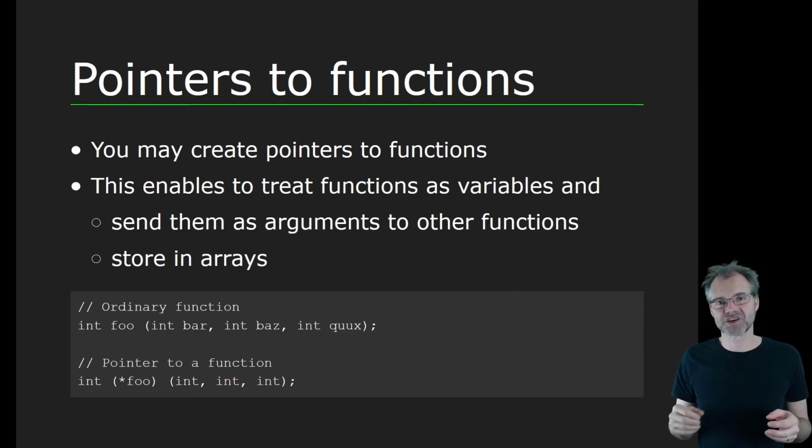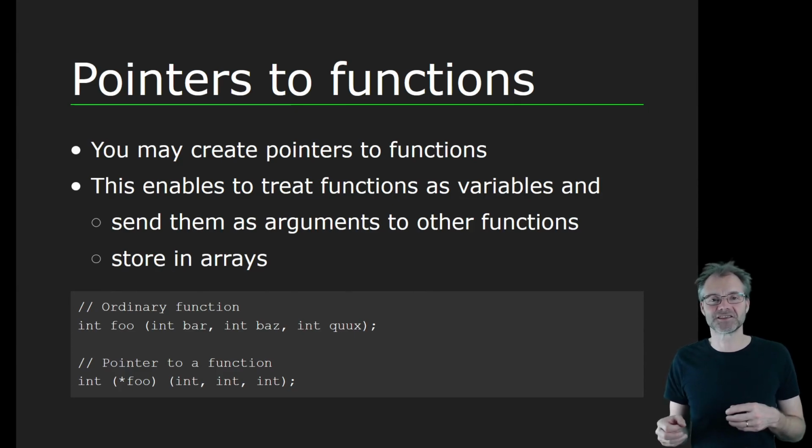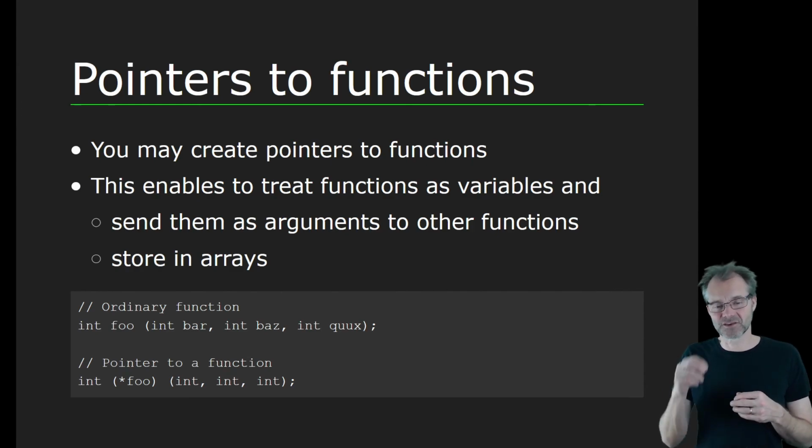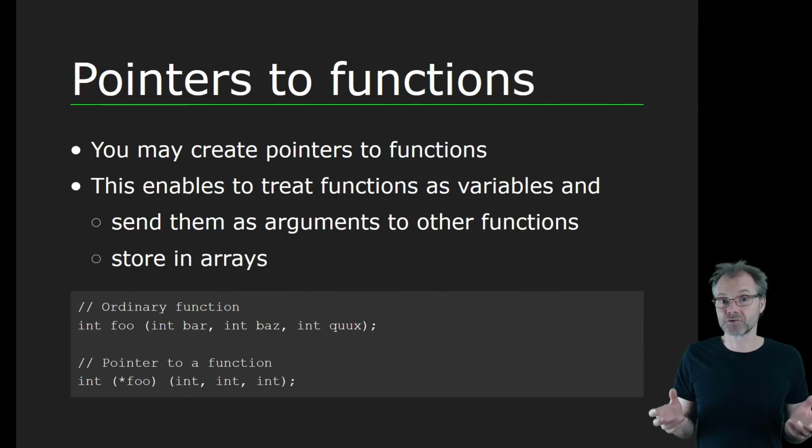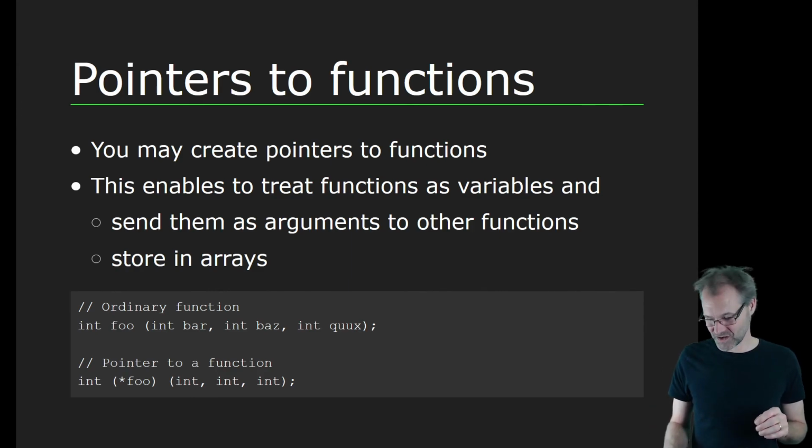Perhaps you want to send these function pointers as arguments to other functions. There are such functions that are taking another function as an argument, a function pointer. Or perhaps you want to store them in arrays. So it could be a useful thing, at least at this stage. I just wanted to let you know that you can have pointers to functions also.